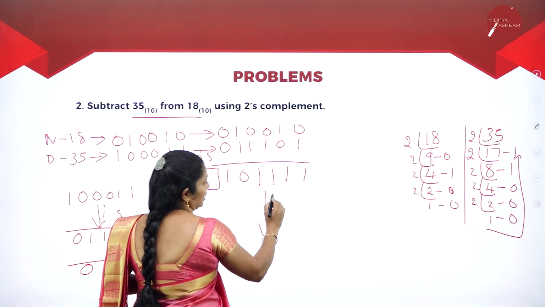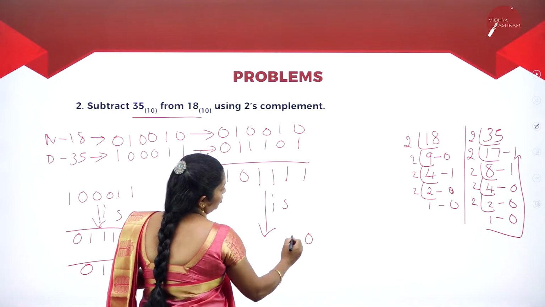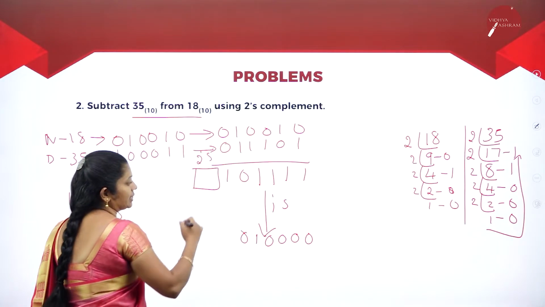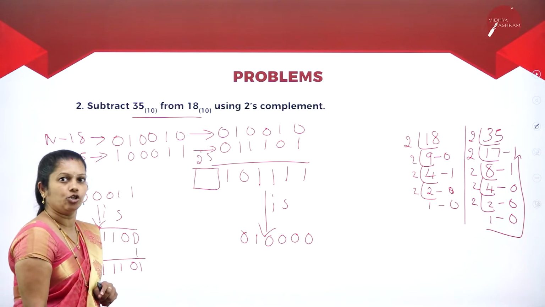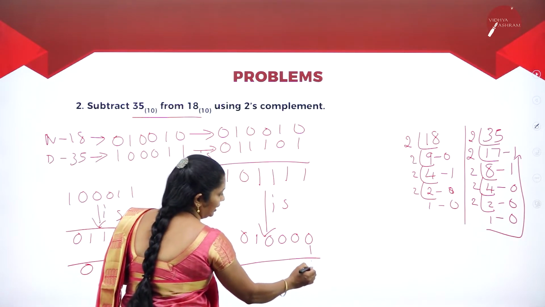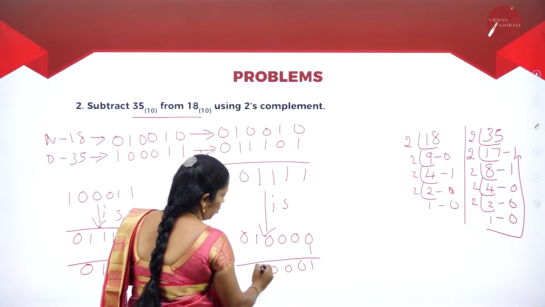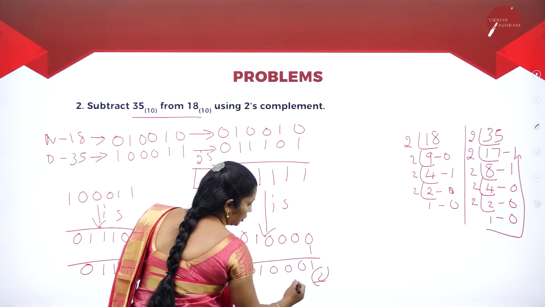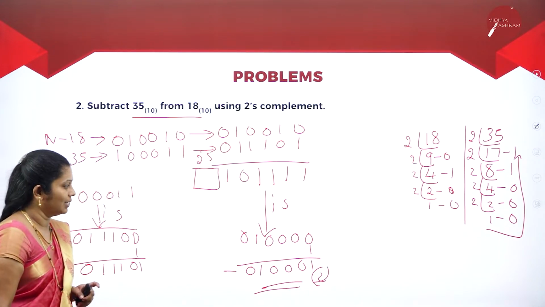See, first I will find the 1's complement: just replace all 1s by 0 and all 0s by 1. Next add 1 to that. Then you get 0 1 0 0 1 0, and with that you have to put a negative sign to get the final result.